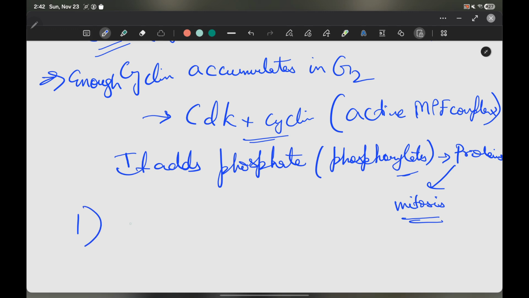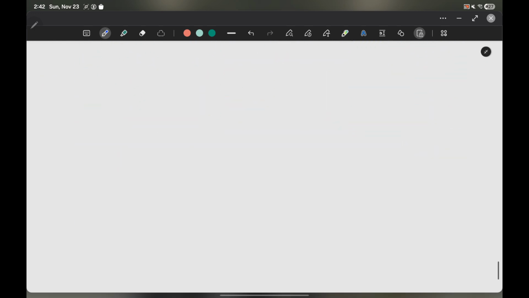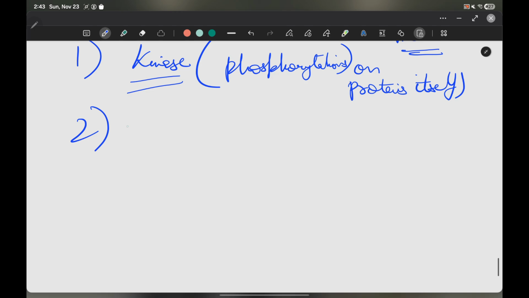First, as a kinase, it starts phosphorylation on the protein itself, or second, indirectly by activating other kinases. This induces a chain reaction.